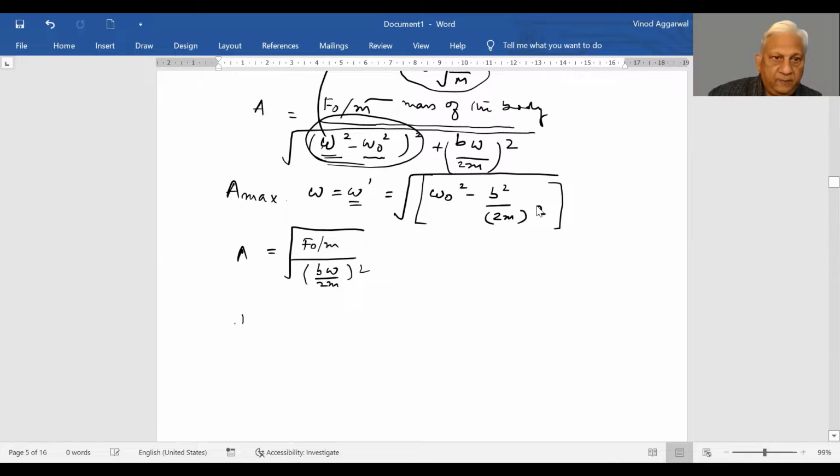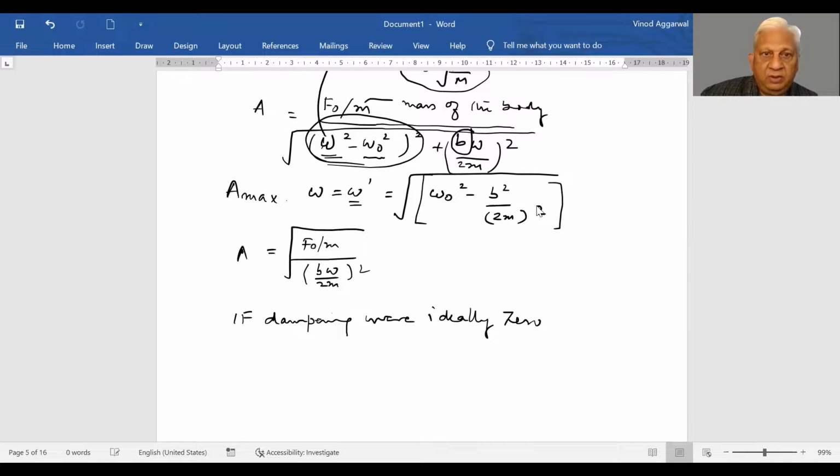Now if damping were ideally zero, meaning if suppose this term was zero, then what would happen? Whole denominator would be zero. And what will happen to amplitude? This will become infinity.